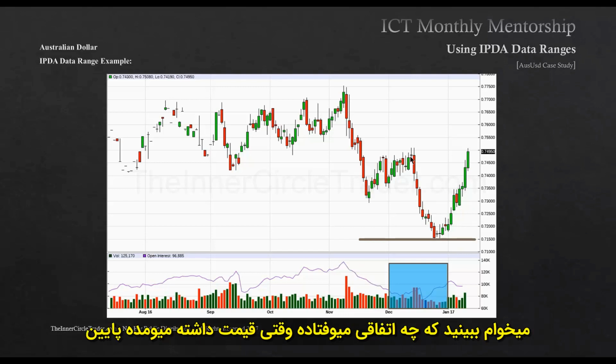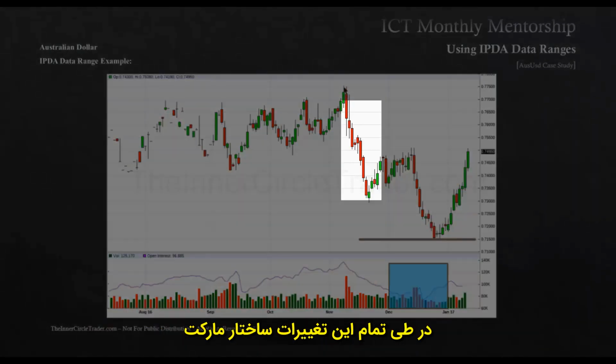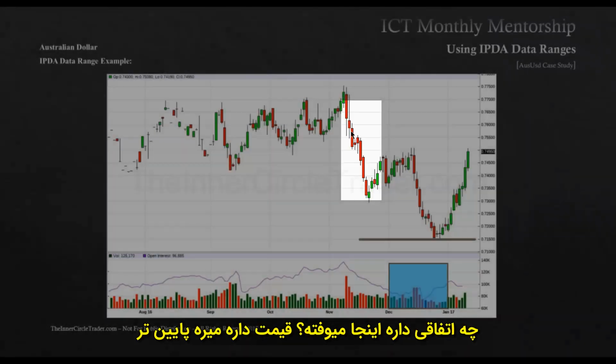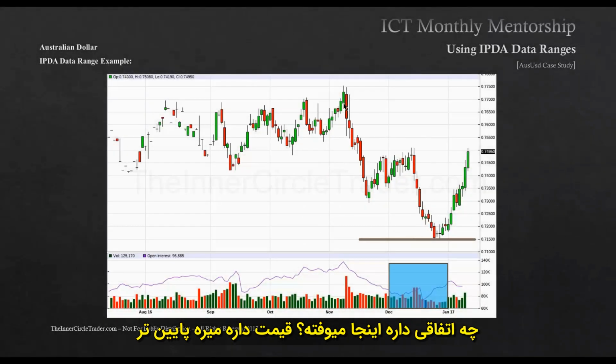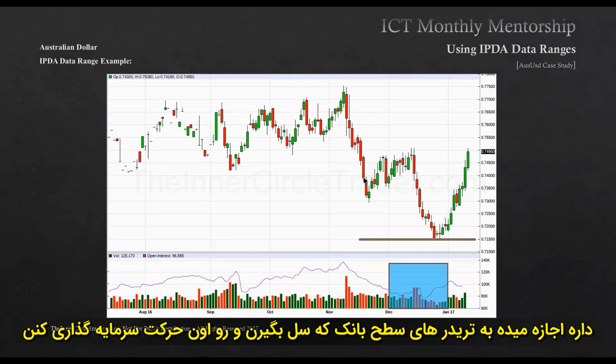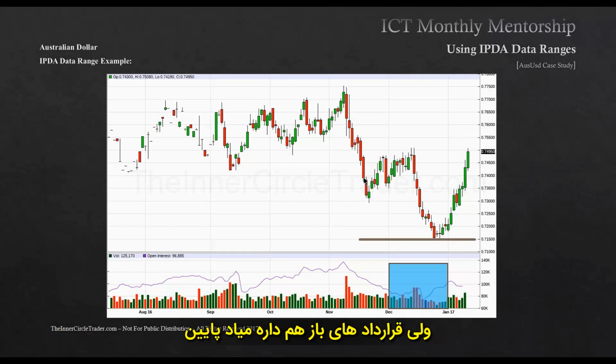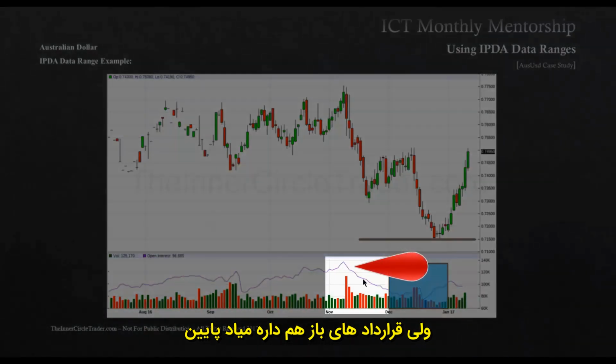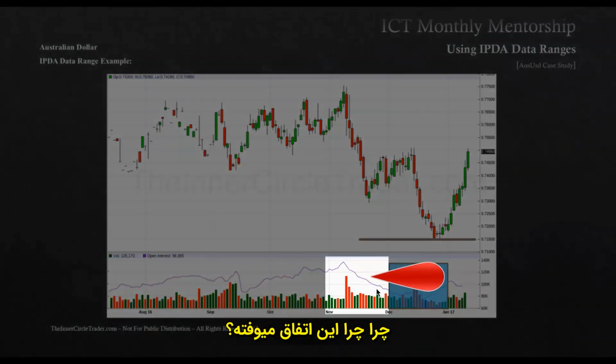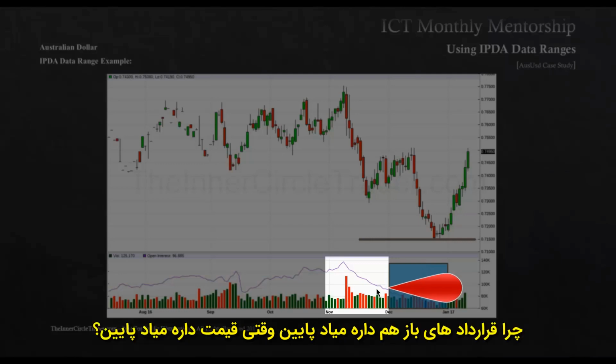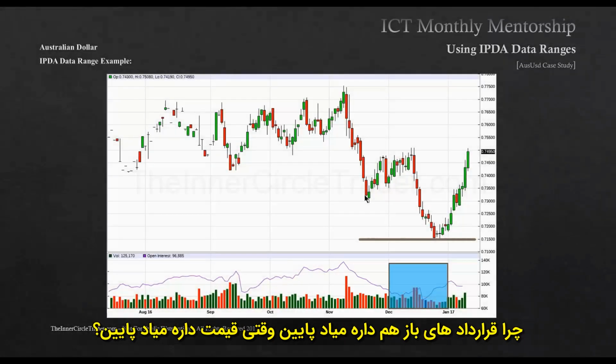As price was dropping down, all through this market structure shift in November, what's happening here? Yes, price is repricing, going lower. It's allowing bank level traders to be short and capitalize on that move. But also, open interest is declining. Why is that happening? Why is open interest declining when this move is dropping down?